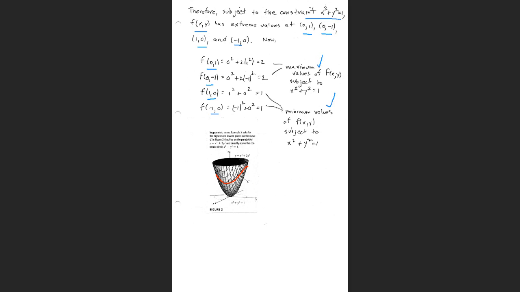Now, I'm going to put 2 points here. Let me draw that blue point there. Does that blue point appear to be a minimum value of the surface subject to the constraint x squared plus y squared equals 1?